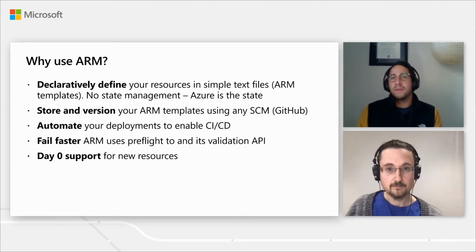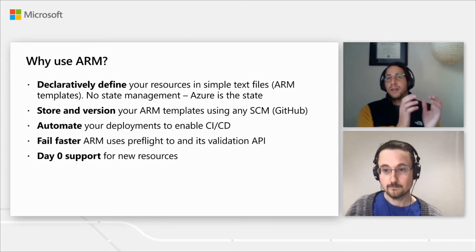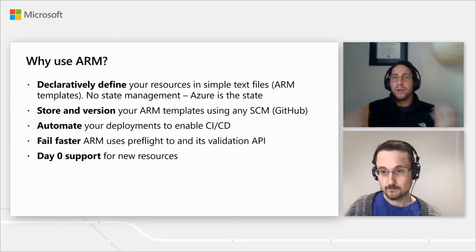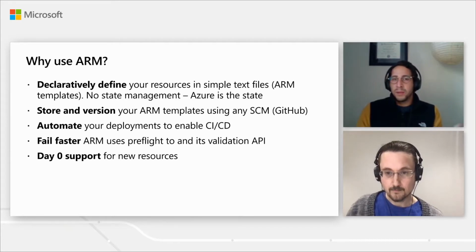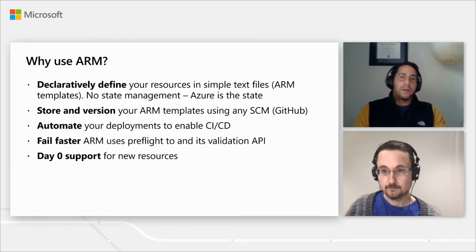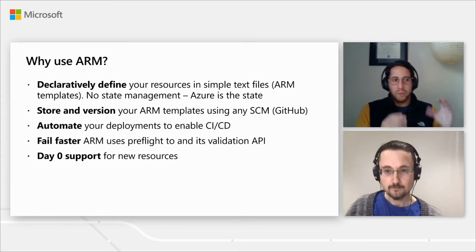And internally, we have something called the pre-flight API. It's actually our validation API. And what it does is this pre-flight API sits before the deployment API. So whenever you're deploying via an ARM template, what happens is that deployment, the subset of all of the different resource providers.